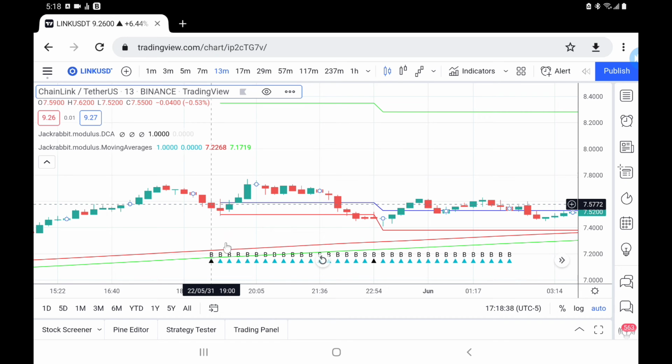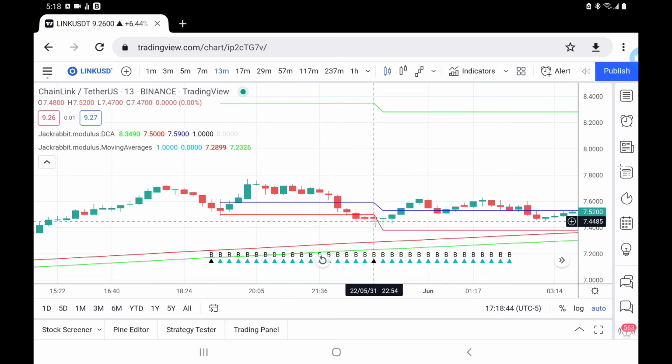Okay, the market's still going upwards, but the price is depreciating. The price action is going downwards. So this means that the upward trend in the market is losing momentum. It's losing steam. And it could be a change of direction where the market may drop even more.